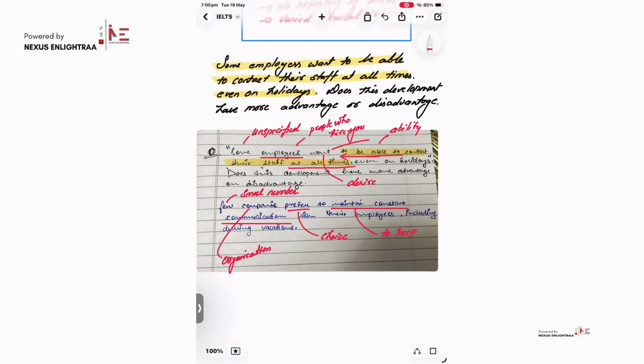Okay, that could be the reason, but another bigger reason is that 'at all times' is a phrase, and constant is an adjective, right? With their employees.